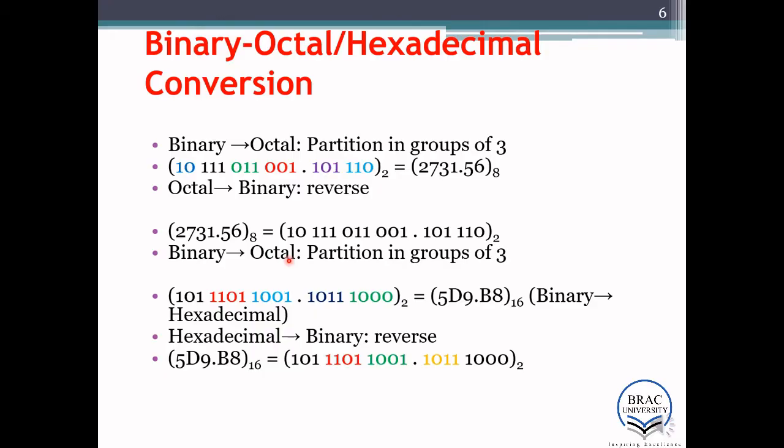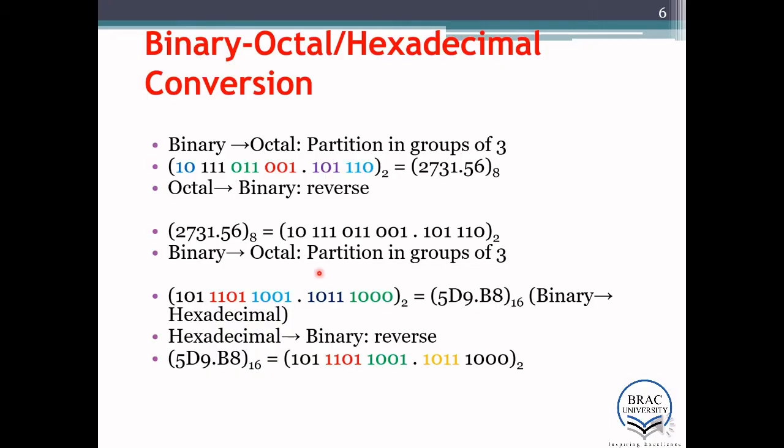Like for 1 it is 001, not only 1. For 3 it is not 11, it is 011, in 3 bits. In terms of 3 bits you need to write. So if you write the equivalent binary with 3 bits, then you will get the equivalent binary for these octal values. Similarly for 7, 111; for 2 you can write 010; for 5 similarly 101; for 6, 110.